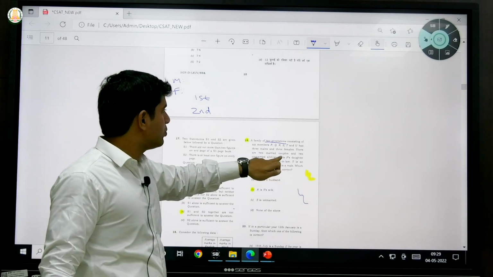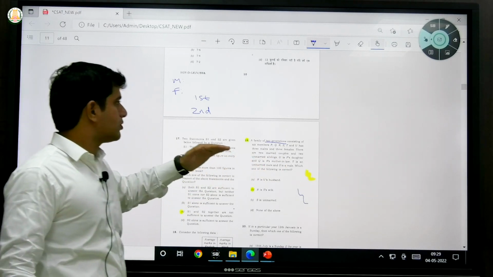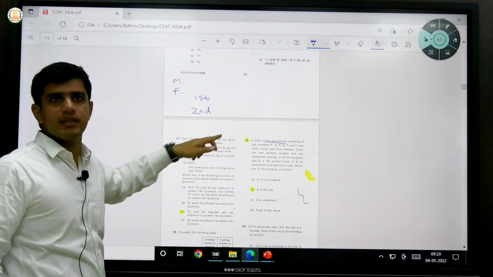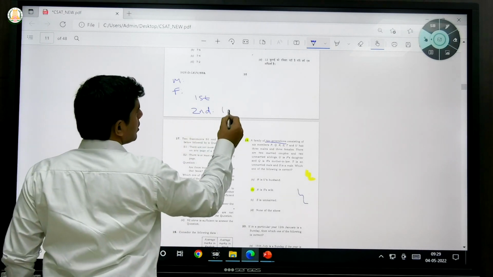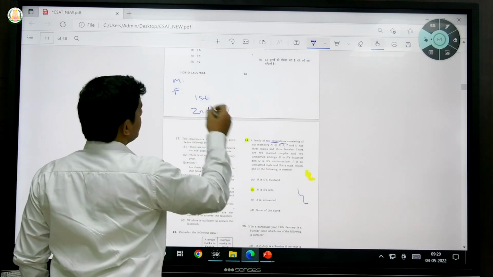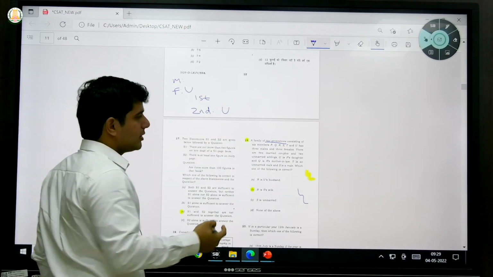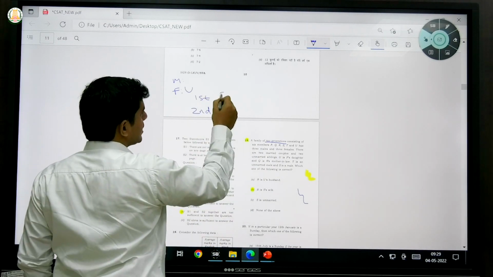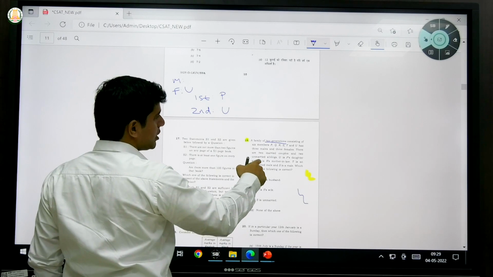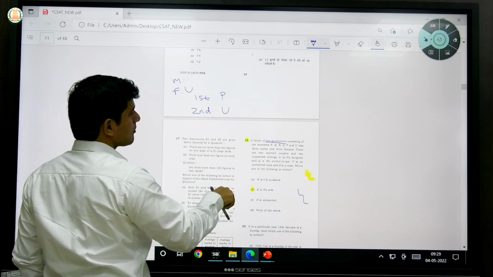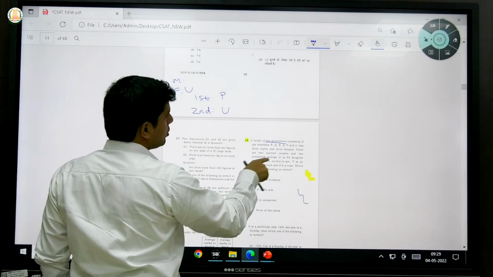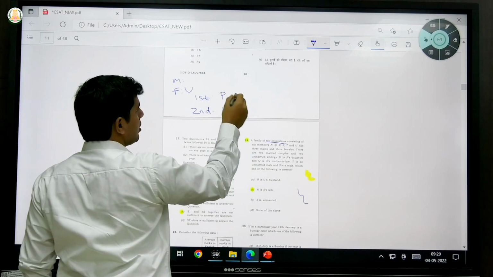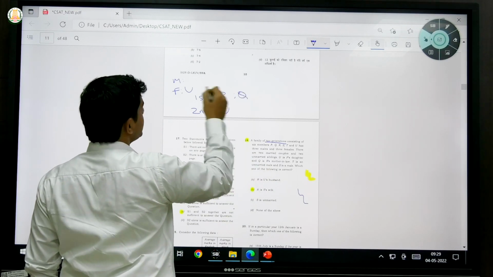Then it says U is P's daughter. So U must belong to the second generation. Daughter means she should be female. Then P must belong to the first generation. Then it says Q is R's mother-in-law. So Q is a mother-in-law, which means she belongs to the first generation and she's a female.